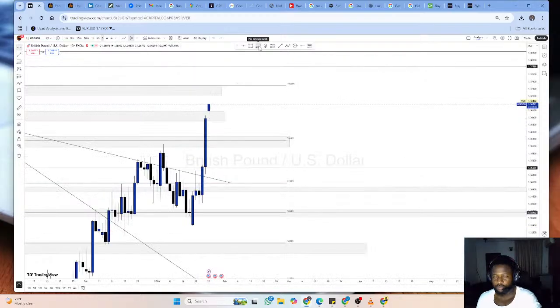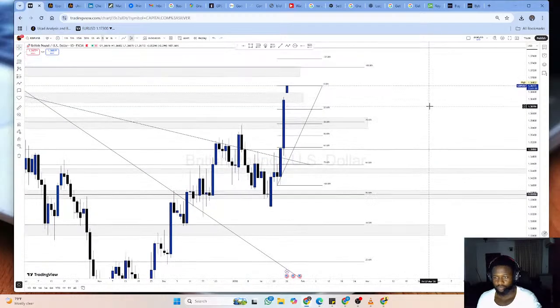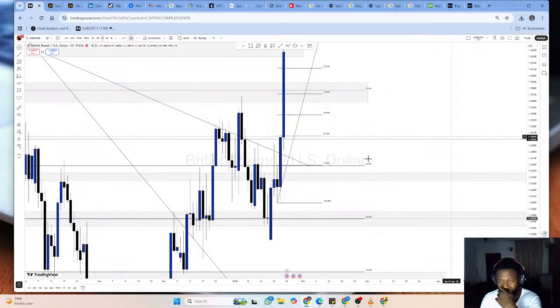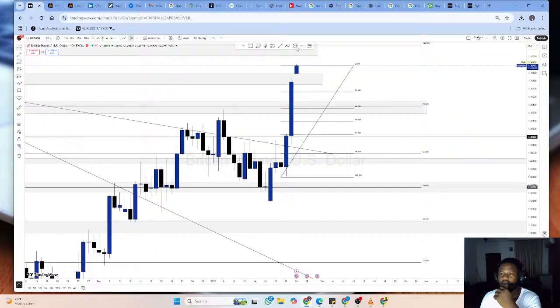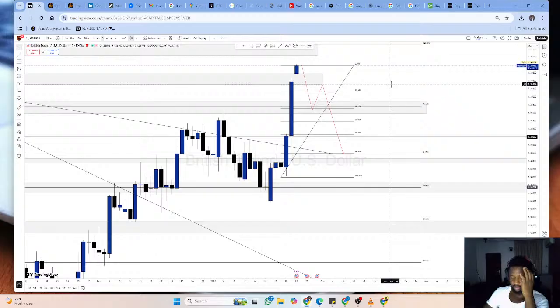From a daily perspective, my retracements would look like this. Two interesting places to look at. Back here will be a retest. There's a potential downside I'm seeing.